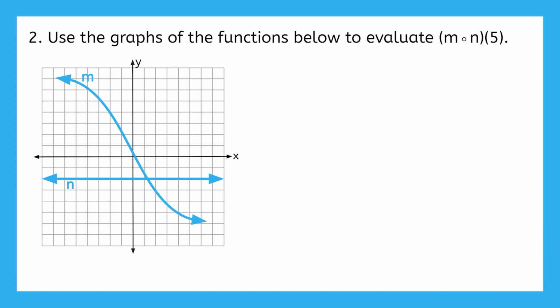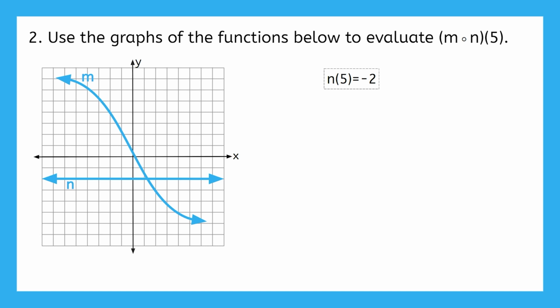Okay, let's see. I evaluate the innermost function first and work my way outward. So I'll start with n of 5, and then use that output to find m of n of 5. To evaluate n of 5, I input 5 on my graph, and find that the output for function n is negative 2. So n of 5 is negative 2.